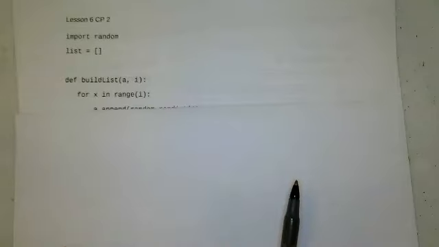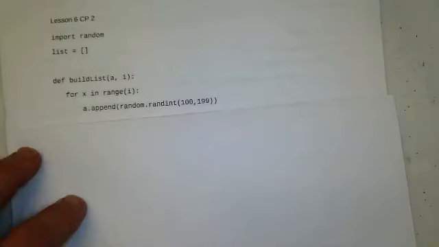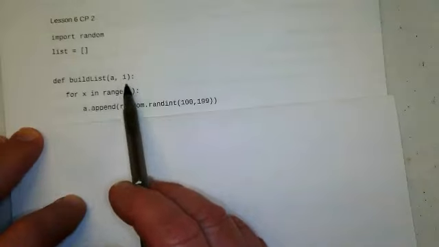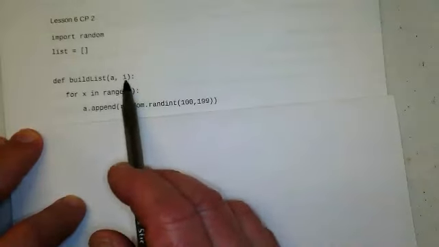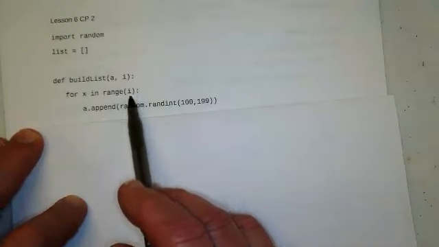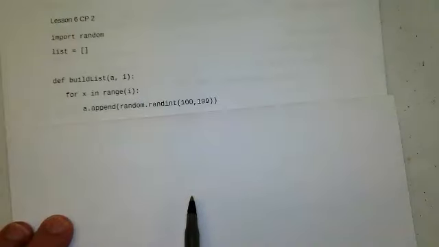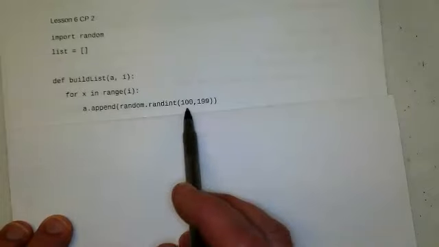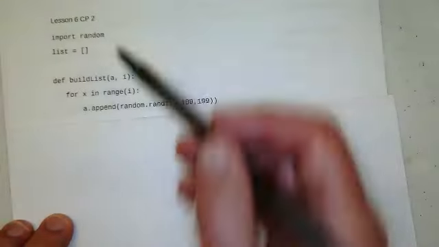Then this is what we have from last time. I think our variables might be a little bit different. Yeah, I think we used A to N last time, which is fine. We've just changed that N to an I. And then it's for X in the range of I, we're going to append the random integers. Remember, we imported random here.